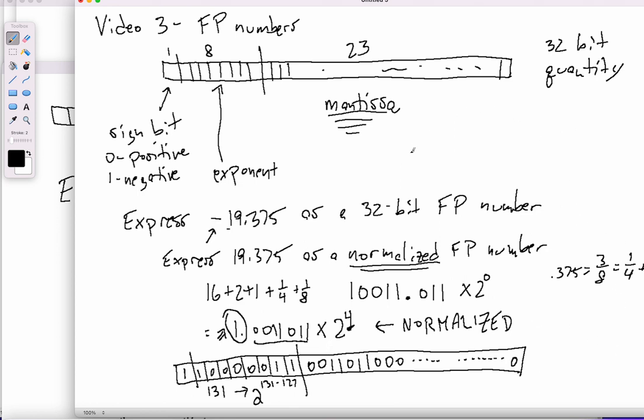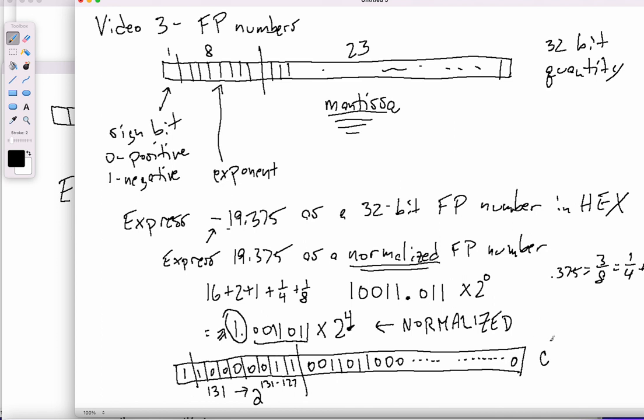By the way, suppose you were told to express it as a 32-bit floating point number in hex. Well, then what I'd have to do is come over here and break this up into 4s. So there's 1, 2, 3, 4. That would be 8 plus 4 is 12, which is a C. So that takes care of 1, 2, 3, 4. Then I've got 1, 2, 3, 4.